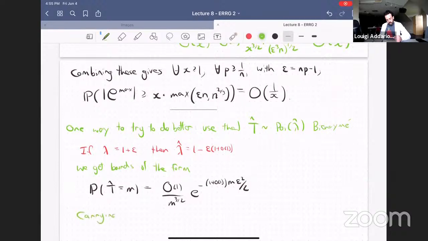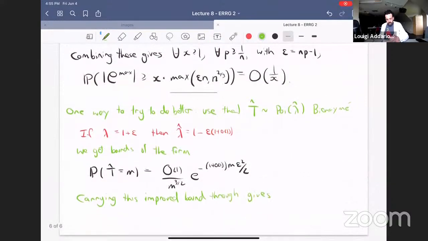If you try carrying this improved bound through the argument, you end up with a bound of the form: the probability that the largest component has size bigger than s is at most this epsilon n over s term we had before, and then n over s to the 3/2 e to the minus epsilon squared s on 2.